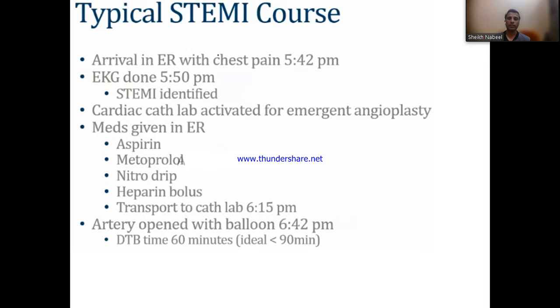Now you have to give long-term beta blockers in case of STEMI, because they will prevent the remodeling. And remodeling happens due to a number of hormones: norepinephrine, epinephrine, angiotensin, and also aldosterone.